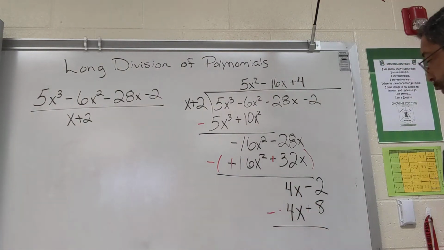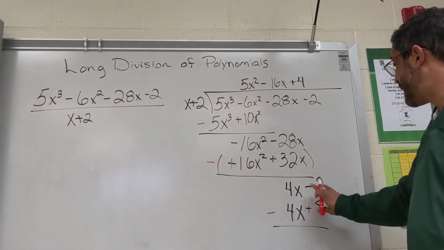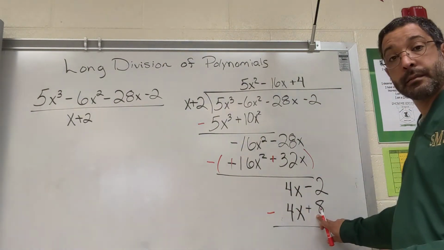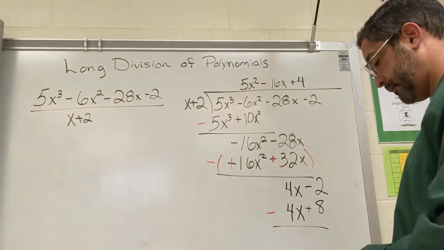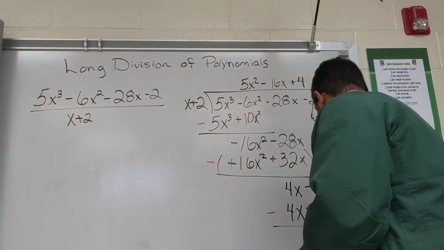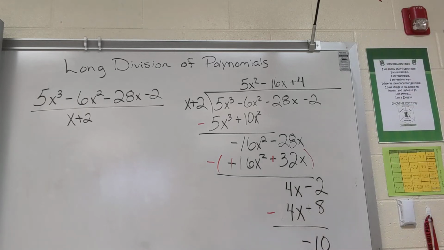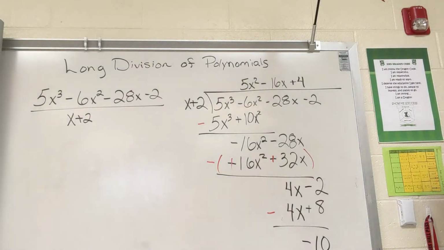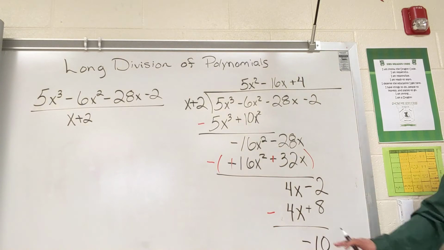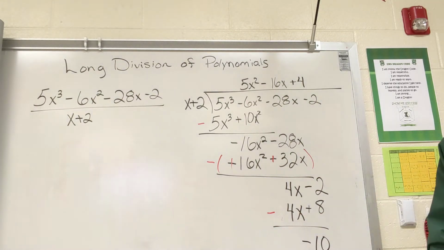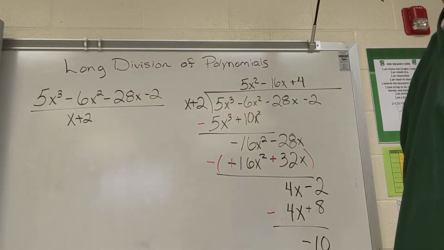So 4x minus 4x is going to be 0. Negative 2 minus 8 gives me negative 10.